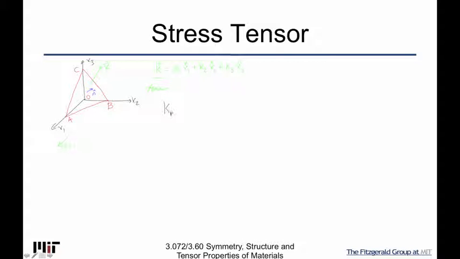Remember, K1 is resolved on X1 but acting on ABC, and it has to be balanced by the stress that the material experiences. For example, that would be composed of the sigma 1,1 coming straight out acting on BOC, which is perpendicular to it.